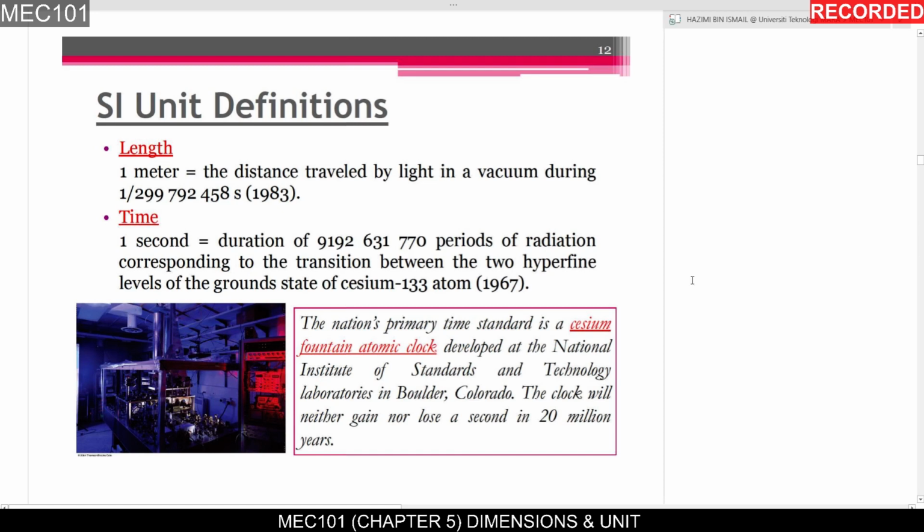We have to fix standards for every SI unit, so that our scientific field will become more accurate. I don't think it would become as accurate if we did not have the standards for every SI unit.